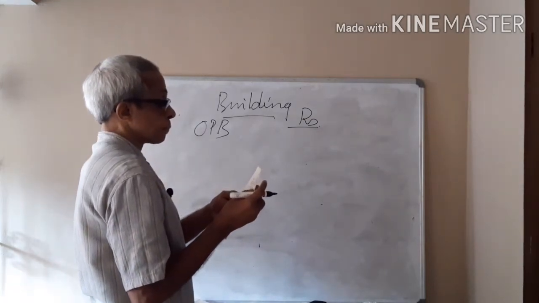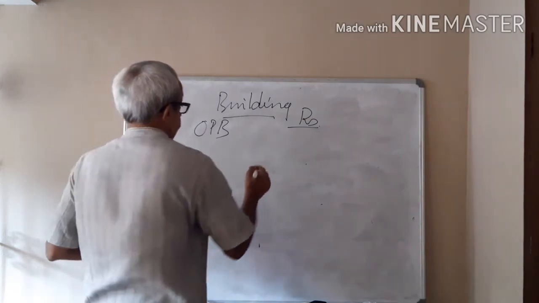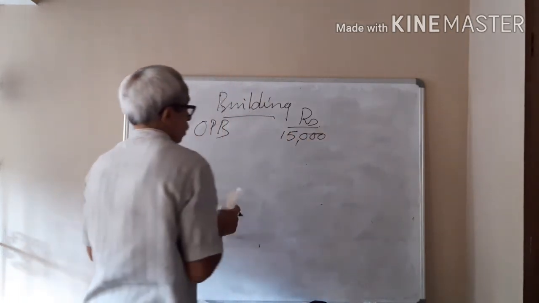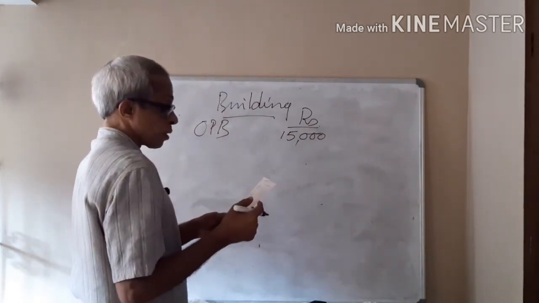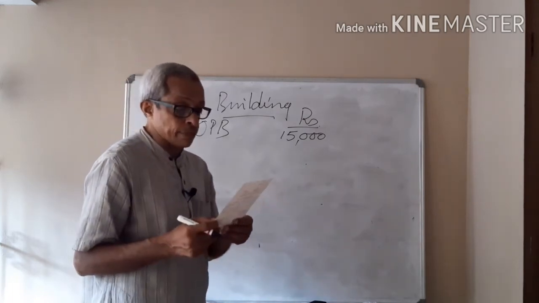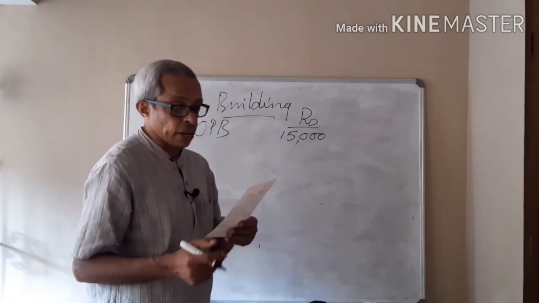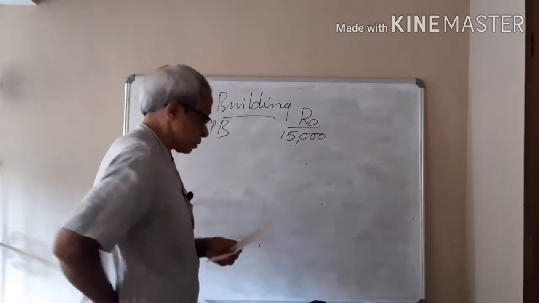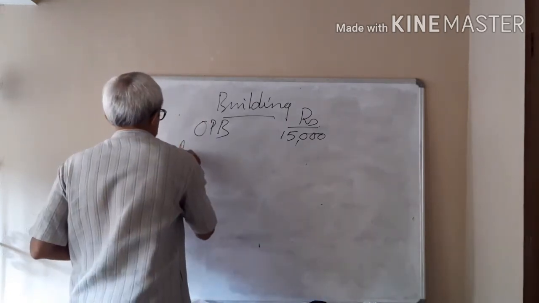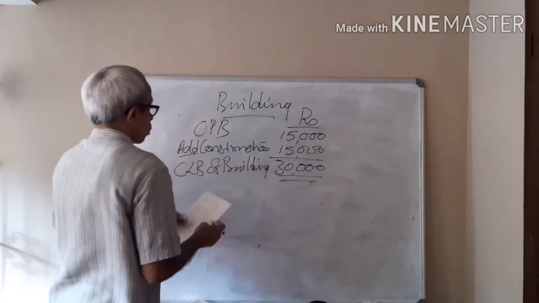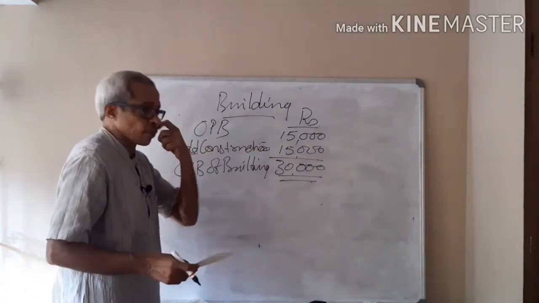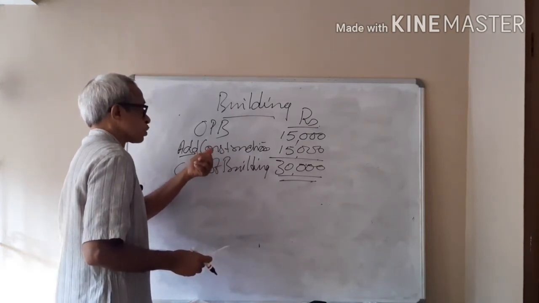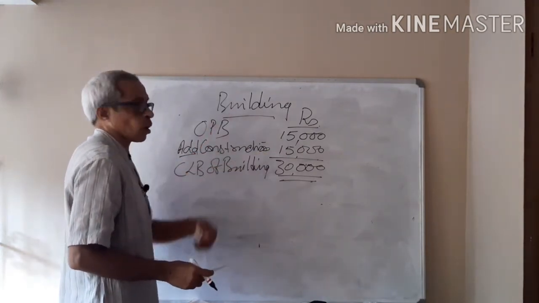Adjustment 6 is 15,000, and from the receipts and payments account we can find out the construction of building, that is on the payment side. So to the opening balance of furniture we add the expenditure relating to the construction of building, that is 15,000.